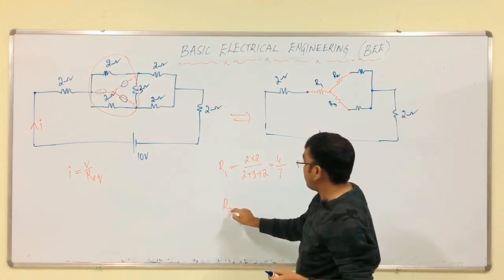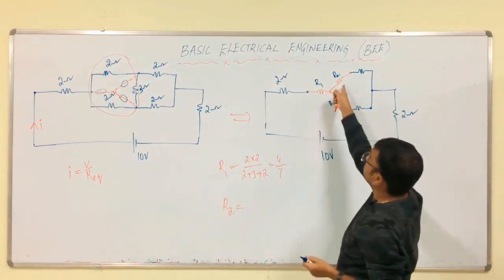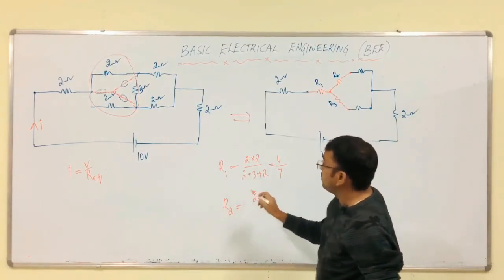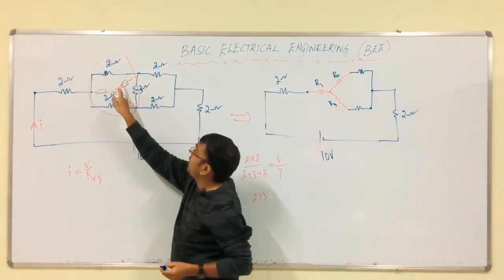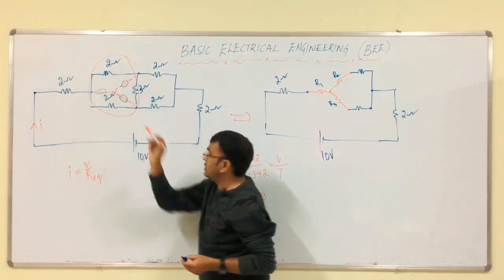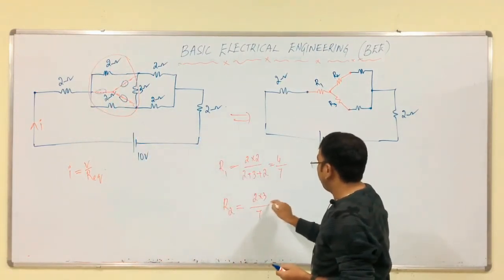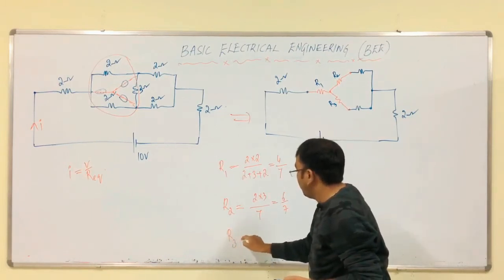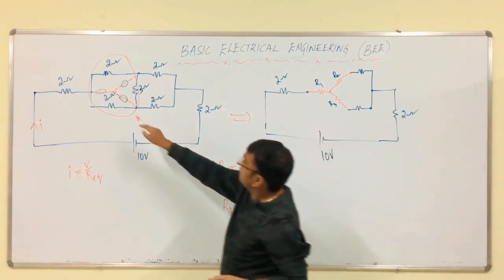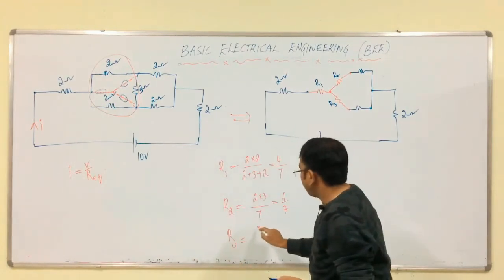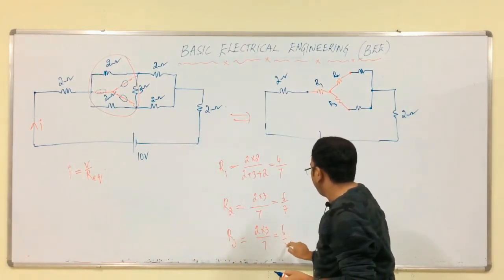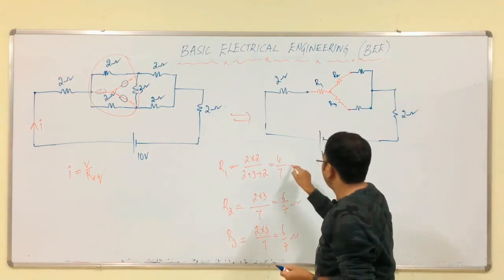Like this, R2, this branch, 2 into 3 by total resistance 7, which is equals to 6 by 7. R3, 2 into 3 by 7, 6 by 7 ohms.